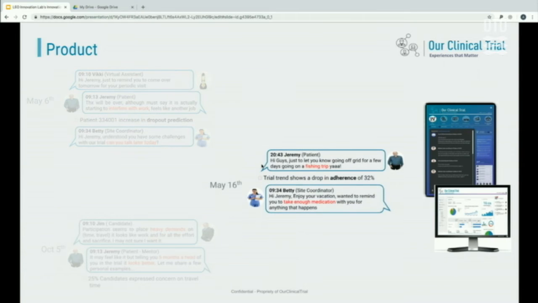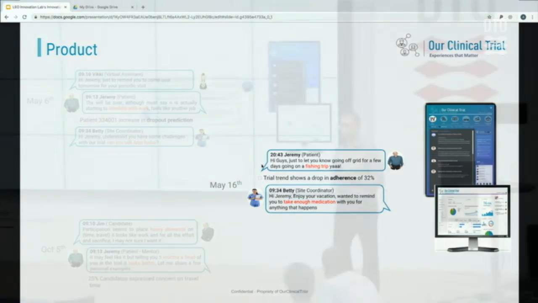A few days after, Jeremy is a bit more engaged. Now he puts up a post talking about the coming vacation. Now we know a trend in this specific trial that the previous 18 patients going on vacation, their adherence went down. Now we can take that insight, bring it to Betty, and Betty can have that discussion with Jeremy to make sure it will not happen to him.